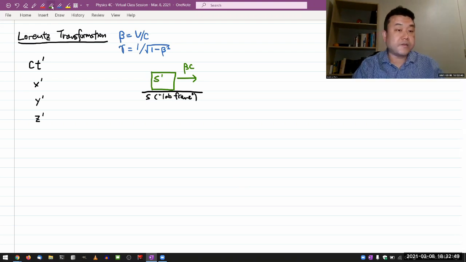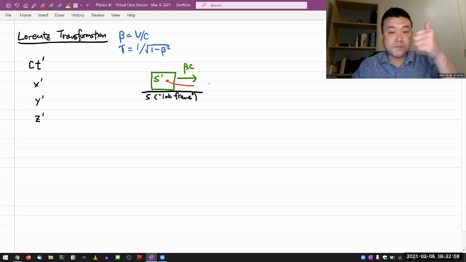And we are imagining, okay, let's take a point here, and that point can be described in terms of the time and space coordinates in the lab frame. It would have a time coordinate in the lab frame, and it would have some kind of space coordinate.